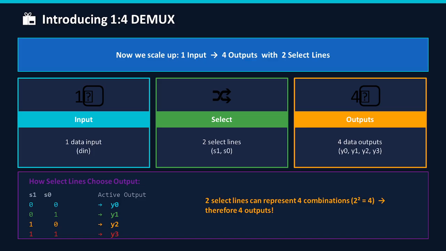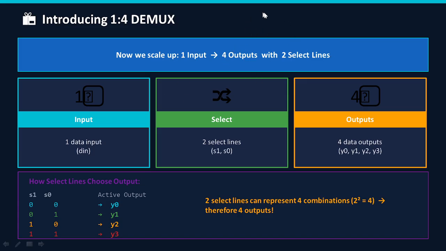So you have two select lines. Here you compare 2 to the power n with the outputs. Why? Because in a DEMUX the select lines are based on outputs. The select line is going to select the output, whereas in a MUX it selects the input. That's why we compare with the outputs.